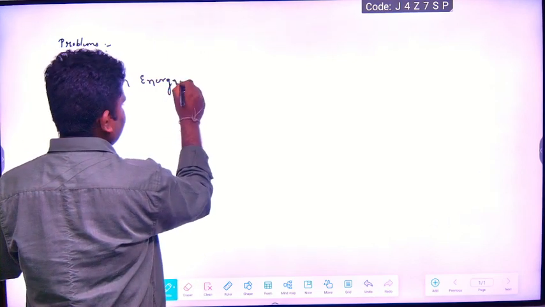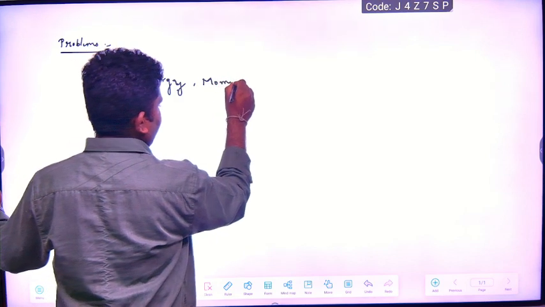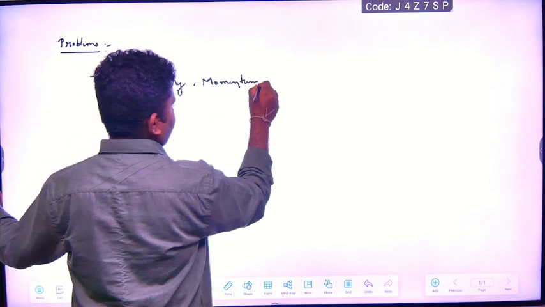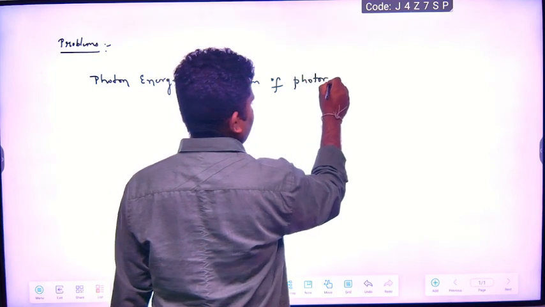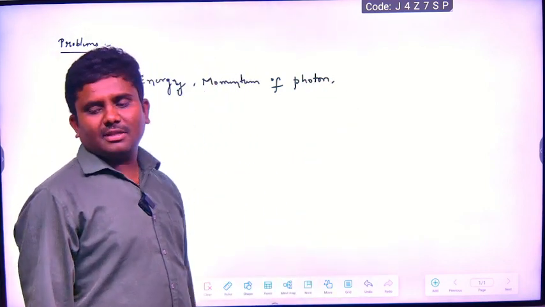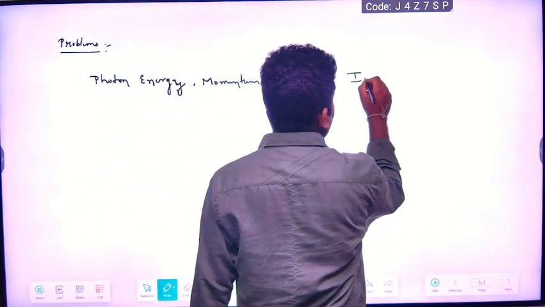Next, momentum of photon. Then intensity of photons.